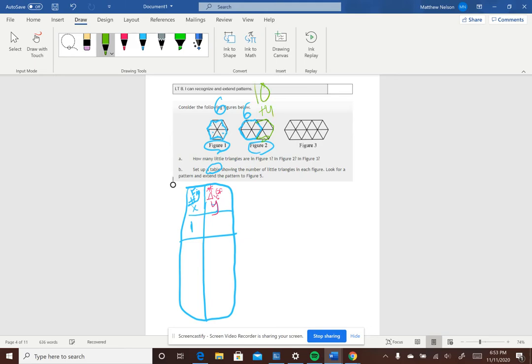All right, so let's go ahead and freeze for a moment. My first figure has a total number of 6 triangles, as shown here. My second figure has a total number of 10 triangles, as shown there. And then my third figure has a total number of, well, let's go ahead and see what we got here. We got our initial 6.